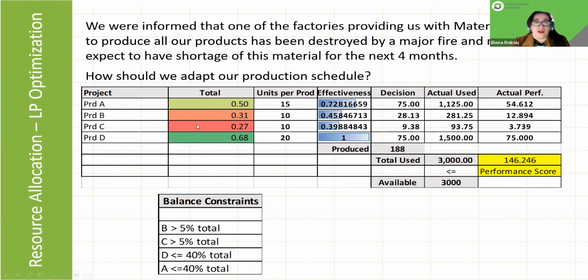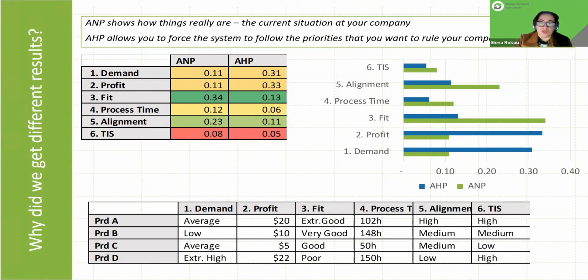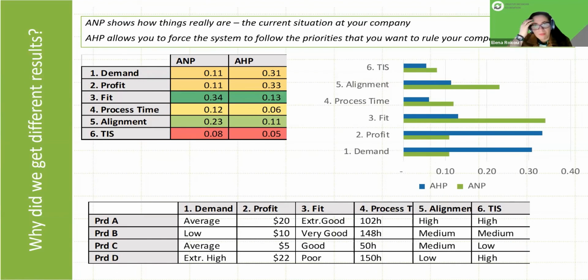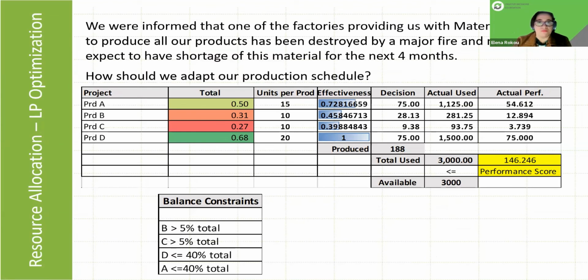Now, from the ratings model, I took the value. How much should I produce for each of them? Look, these are the values that I found out during my production setup. Then, for each of my products, I identified what the needs are in materials, in material X to be more precise, because that's the one missing.